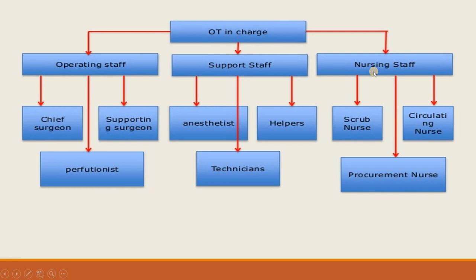Next one is nursing staff. In nursing staff we will see first the scrub nurse, who is important. Next is circulating nurse. And last one is procurement nurse. This all is the staffing hierarchy in an OT.